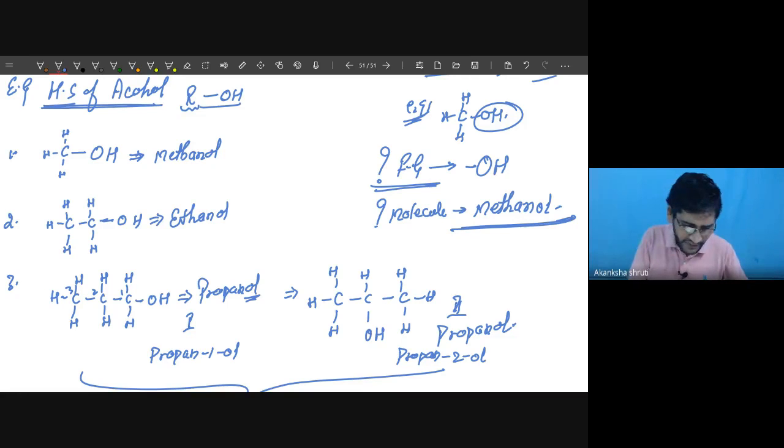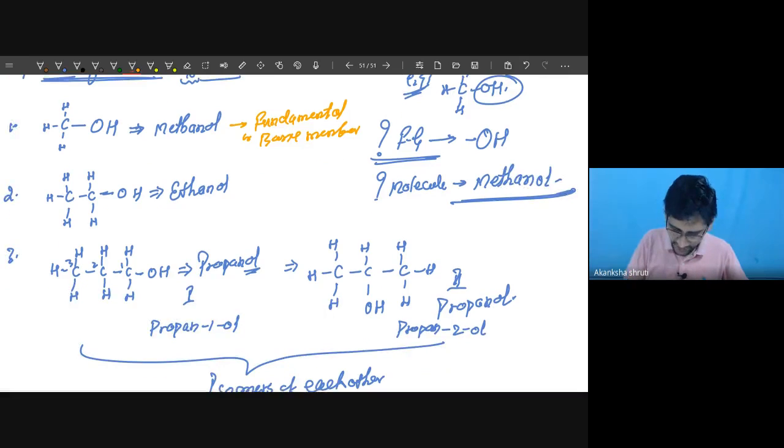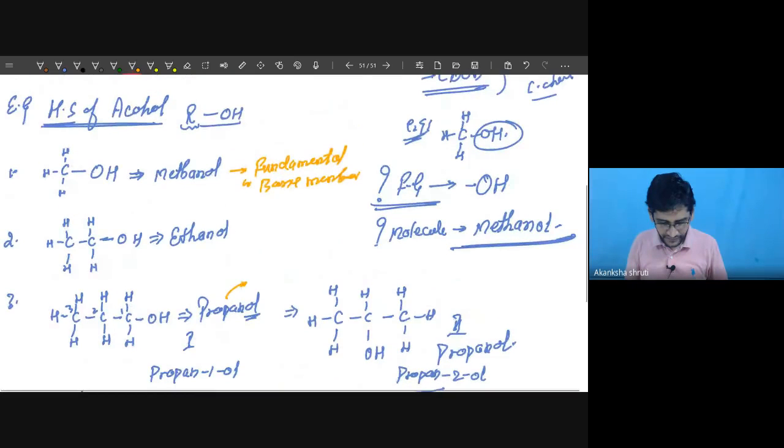So here, this first one is our fundamental or basic member, and this propanol is the smallest molecule of the alcohol homologous series or alcohol family which can show isomerism.